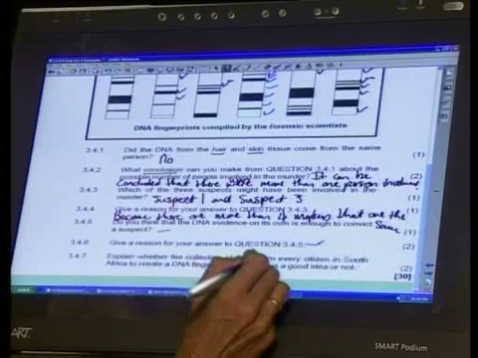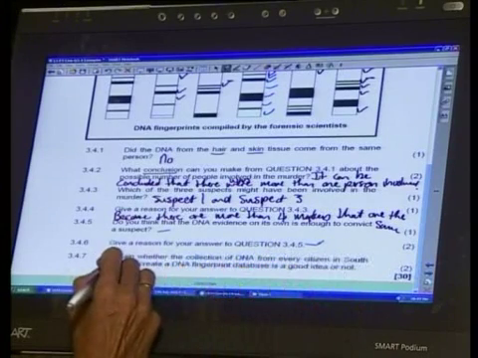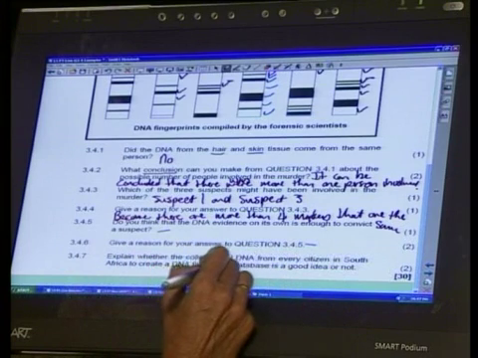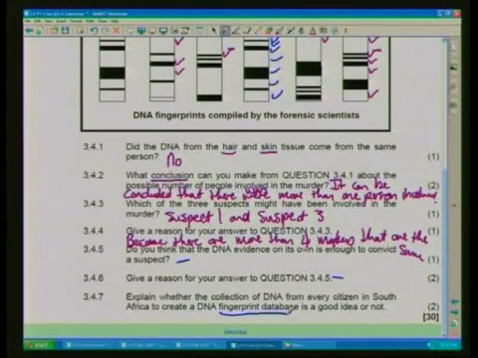Explain whether the collection of DNA from every citizen in South Africa to create a DNA fingerprint database is a good idea or not. Now, I can give you my honest opinion here, that no way will people agree to this. They have problems in the United States and in the UK to get people to undergo DNA fingerprinting.